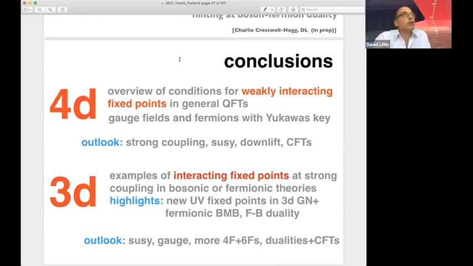And so therefore, the scale symmetry is dynamically broken in these type of settings.